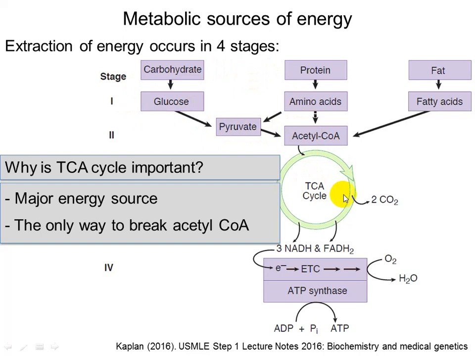The person will die. We have seen patients with enzymatic defects in glycolysis or beta oxidation, but it's extremely rare to see patients survive with enzymatic defects in TCA cycle. In other words, TCA cycle is essential for life.